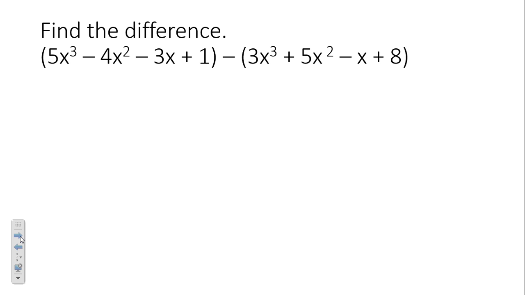The signs, absolutely. So what I recommend that you do is change the sign of every single one of those and write them right below their like term. So a positive 3x cubed is going to become a negative 3x cubed right below the 5x cubed because they're like terms.